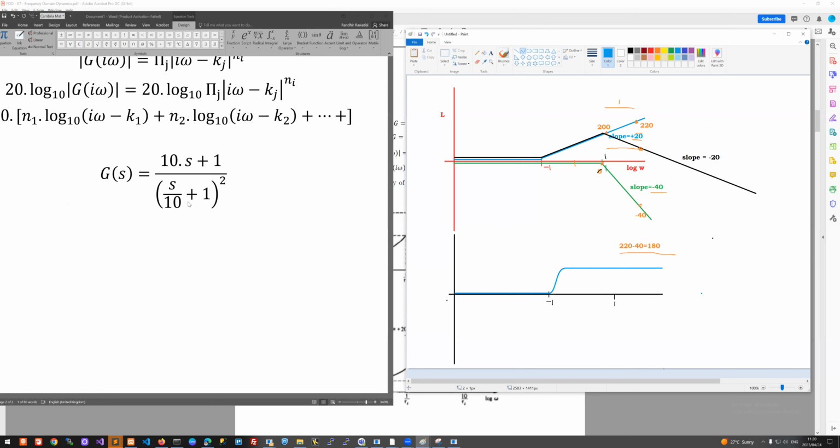And then for the denominator, the crossover is at 10, so it's here. And we are going from 0 to -90. If it wasn't squared, we'd be going to -90. But because it's squared, we can imagine there are 2 terms, each contributing -90. So this one will go to -180. So it's going to be 0 up to this point. And then it's going to go to -90.